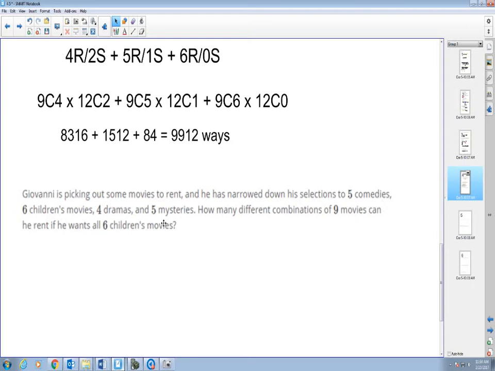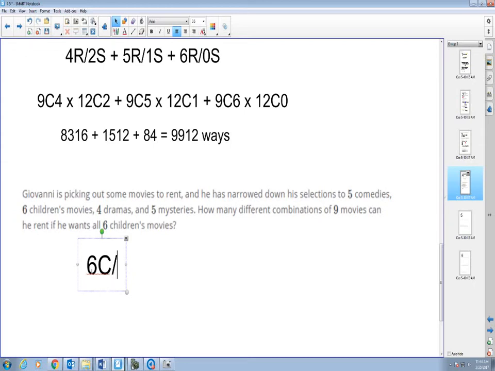So this is a little bit different scenario, because all he wants is to have all 6 children's movies, out of the 9. He wants 6 children, but the problem does not say the rest of the movies. So we know we got 3 movies left for other types.